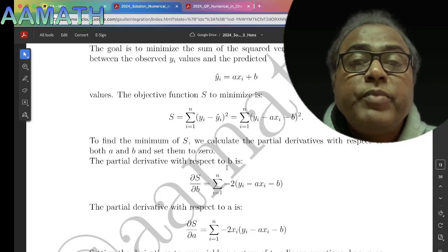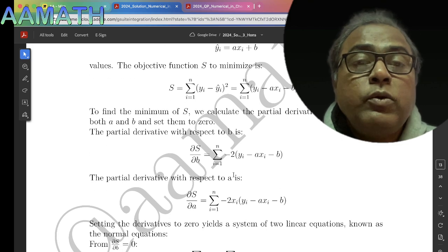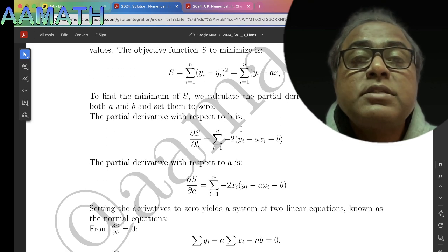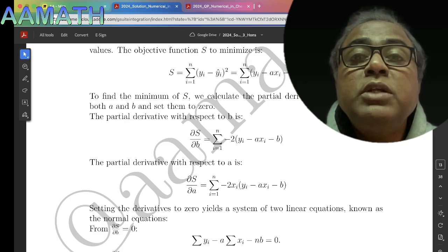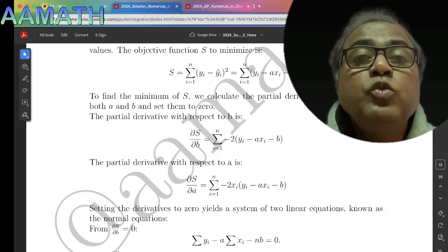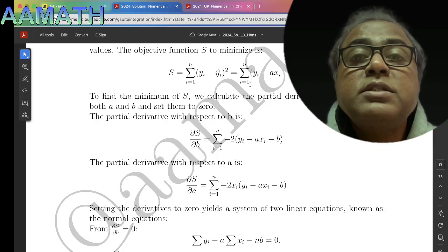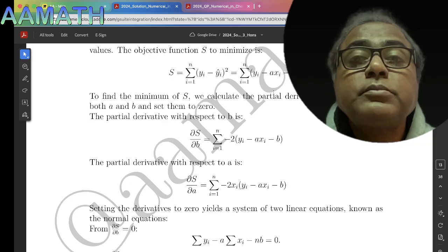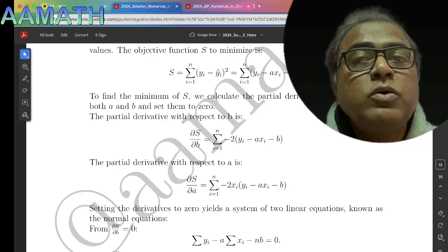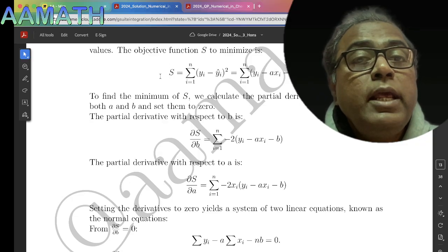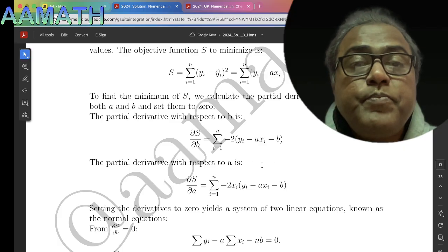For this, the derivative of S is 2 into this, into minus 1 with respect to B, since minus b gives minus 1 here. With respect to A, 2 into this, into minus xi, where xi is constant and yi is constant here, when S is a function of A and B.